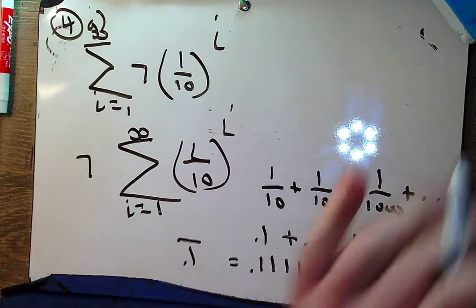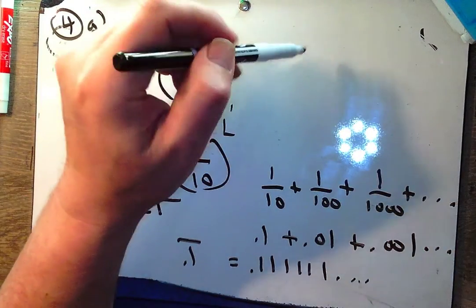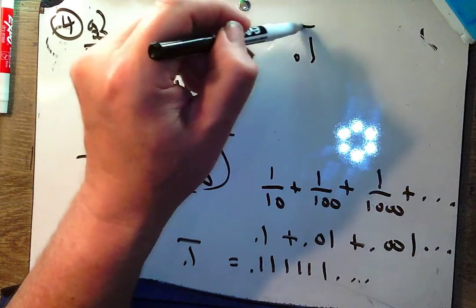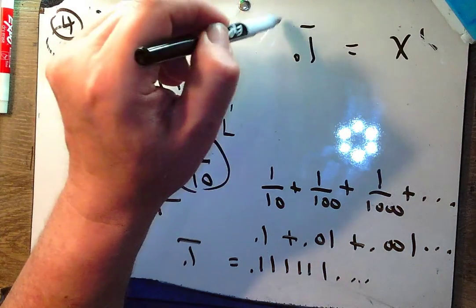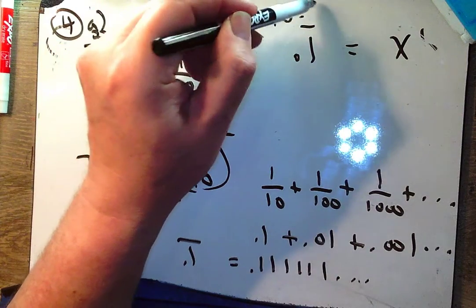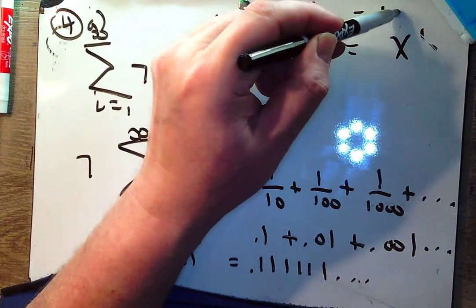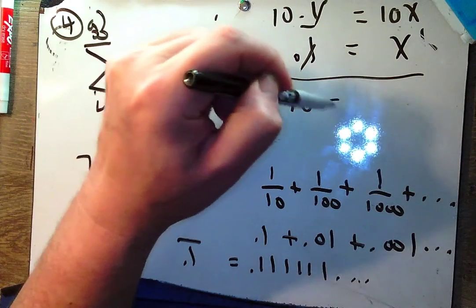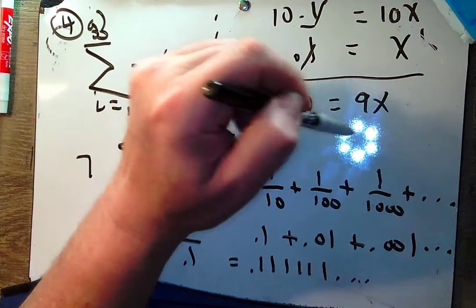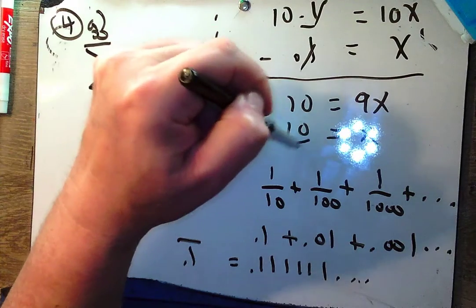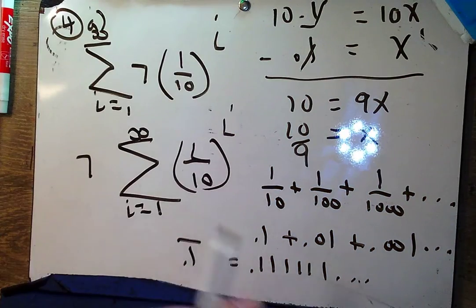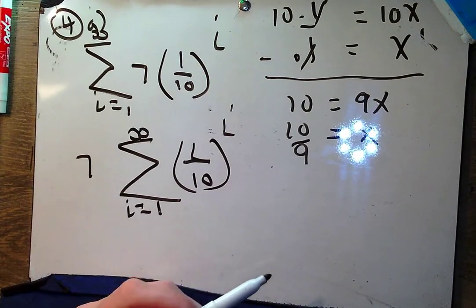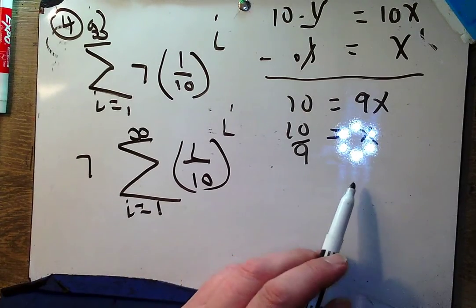Okay, so let's see what we can say about 0.1 repeating. I don't know what it is, so I'm going to say that's x. I'm going to multiply both sides by 10. And then I'm going to subtract. These will cancel. And have 10 equals 9x. Oh yeah, x equals 10/9. Yep, sure was 10/9. Just felt weird. Oh, because it was a sum. That's why. I understand now.